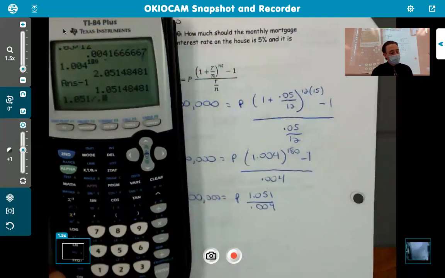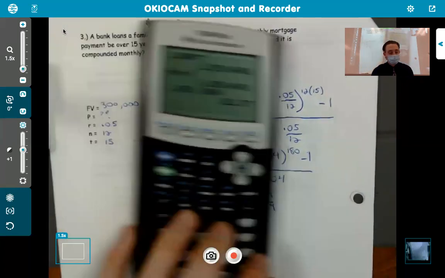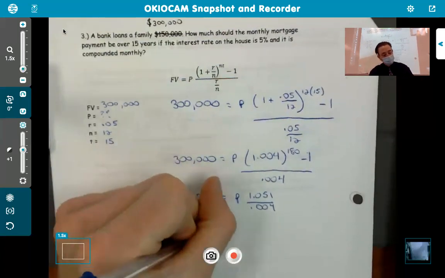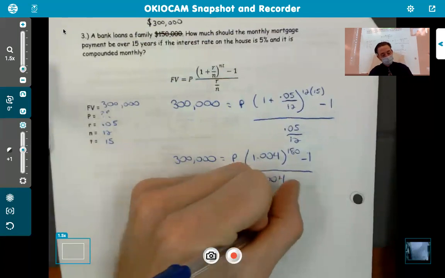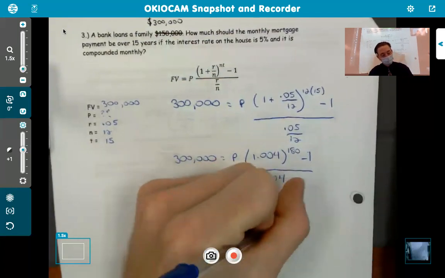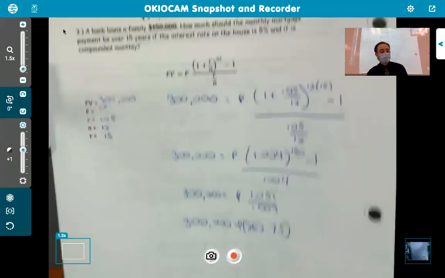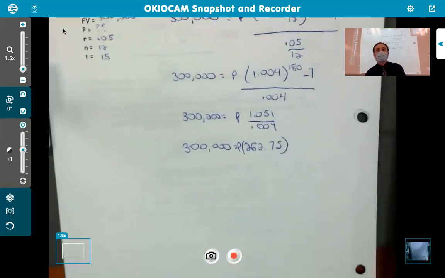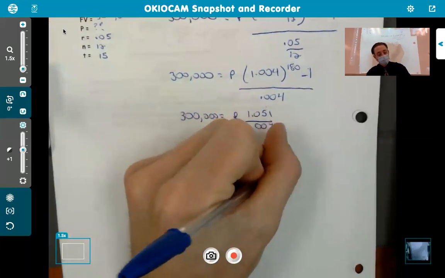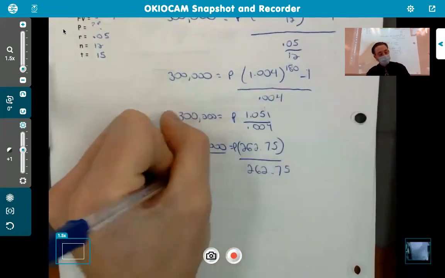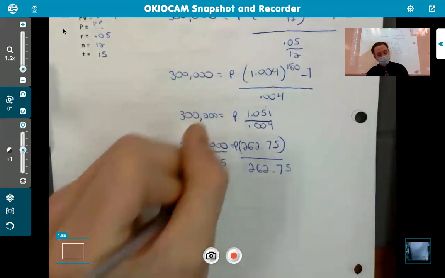1.051 divided by 0.004 gives me 262.75. And what do you think I need to do on both sides to get P by itself? Right, divide each side by 262.75.